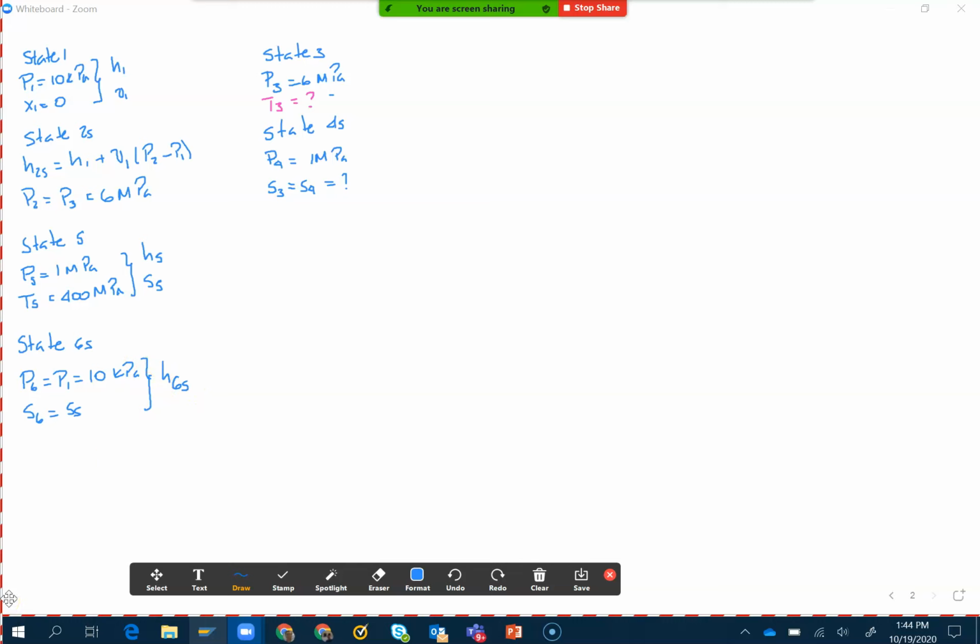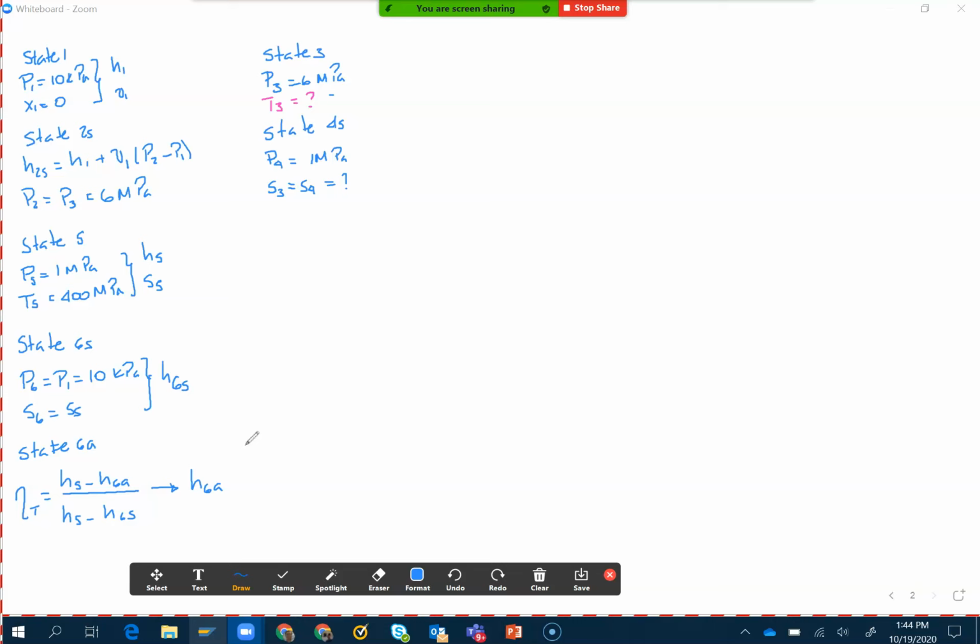How are we going to get the actual cycle? We get it from the definition of isentropic efficiency of the turbine. And here we get H6a. So the only two states that we're missing are state 3 and 4.